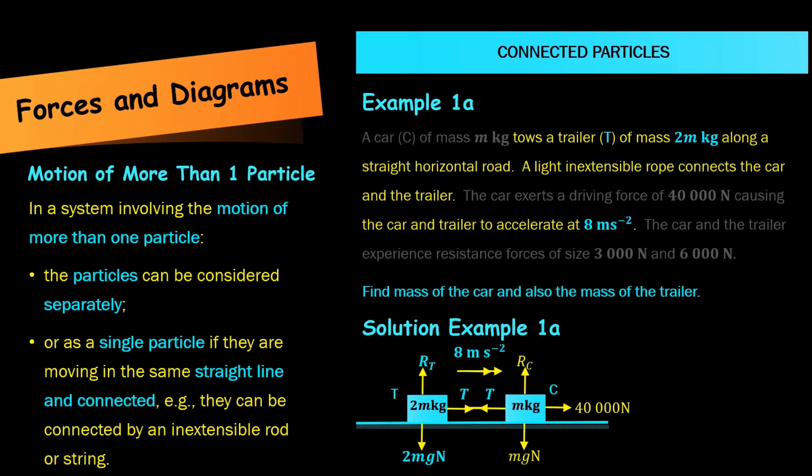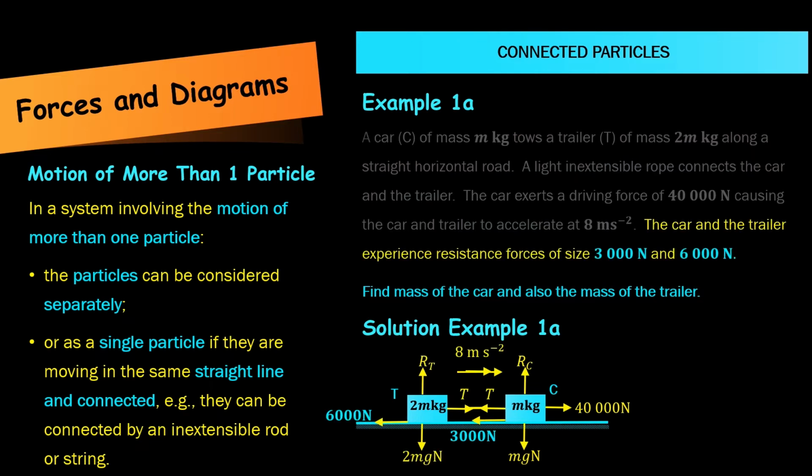We also have, of course, the acceleration of both together at 8 meters per second squared, as shown in the diagram. And finally, for the rest of the sketch, the car and the trailer experience resistance forces of size 3,000 newtons and 6,000 newtons. So we have 3,000 newtons being exerted on the car and 6,000 newtons being exerted on the trailer.